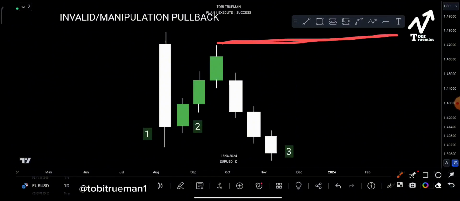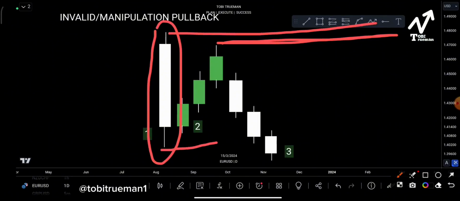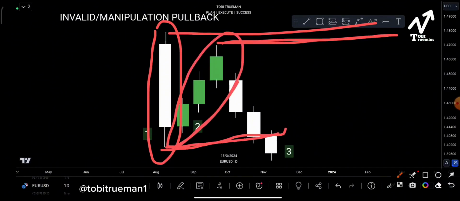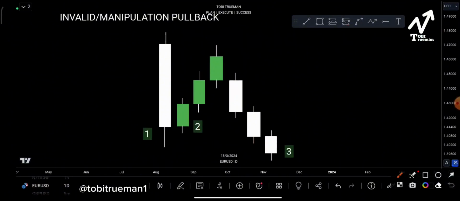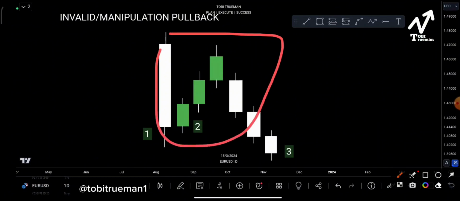So when price has done that, we cannot use this as our valid inducement. Why? Because candle 1 in this scenario is what we call an engulfing candle. This candle 1 engulfs everything inside this place. Everything inside here, all these green candlesticks, the body of candle 1 just engulfs everything. It just covers up everything.